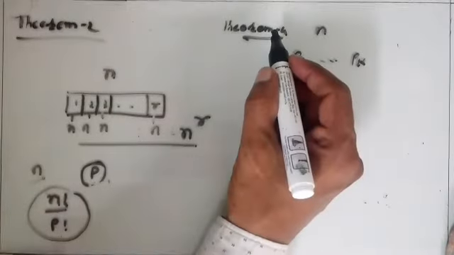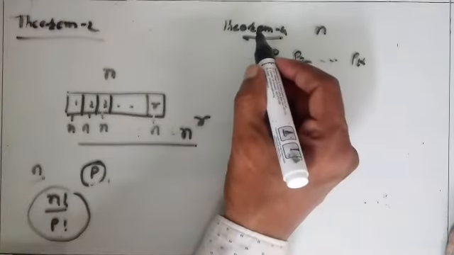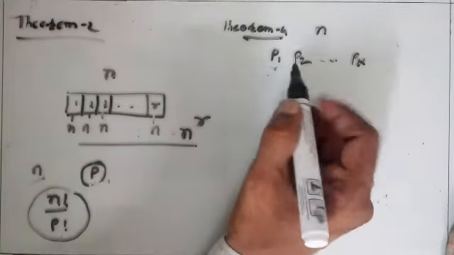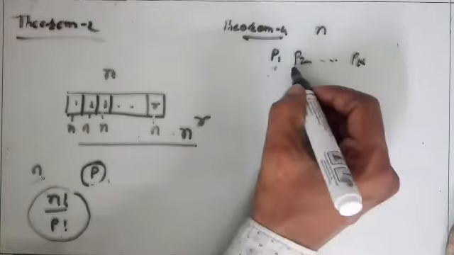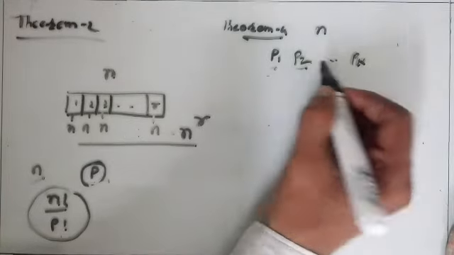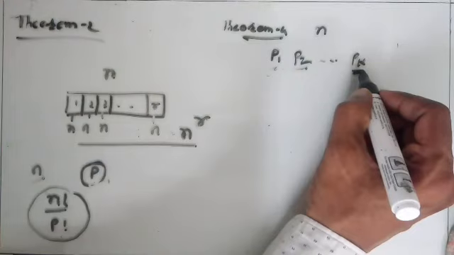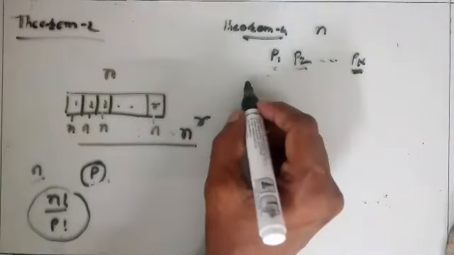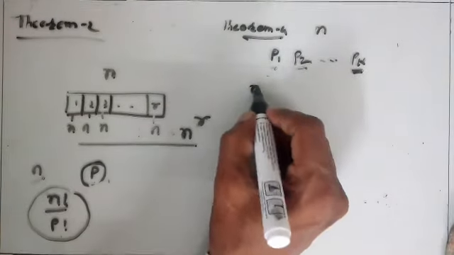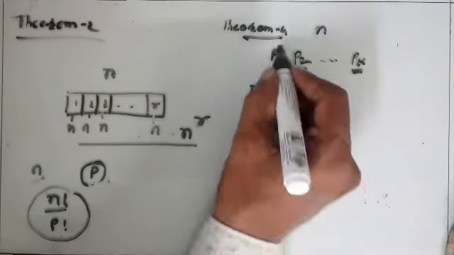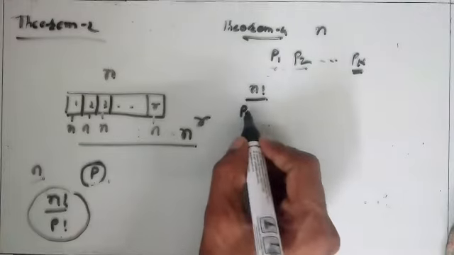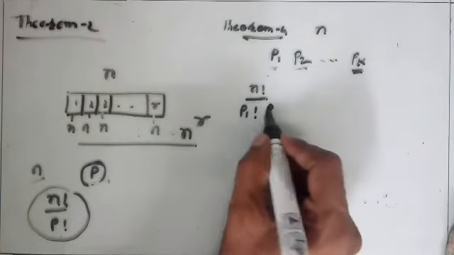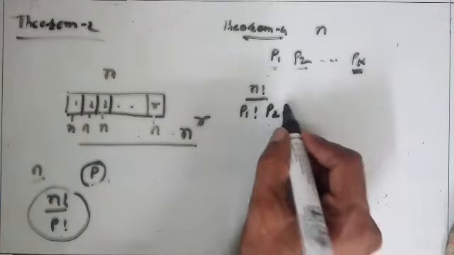Theorem number 4: if we have total n objects, and out of n objects p1 objects are alike, similarly p2 objects are alike, up to pk objects are alike, and the rest are all different, then the number of permutations is equal to, remember this, n factorial upon p1 factorial, since p1 objects are alike, p2 factorial, since p2 objects are alike, clear?